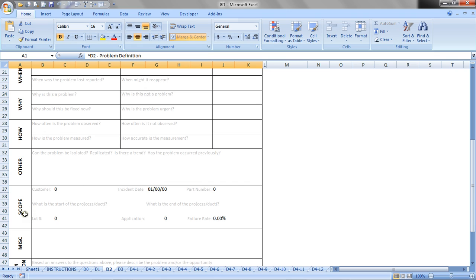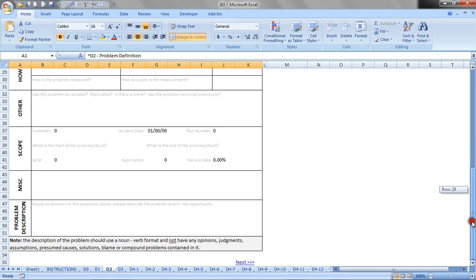You'll notice here from the scope, customer, that's a link from a previous discipline. So the date, the part number, and so forth, you don't have to worry about filling that out here. It'll automatically fill itself out. Any miscellaneous information that you think is relevant. And then based on the answers to the questions above, describe the problem and or the opportunity.